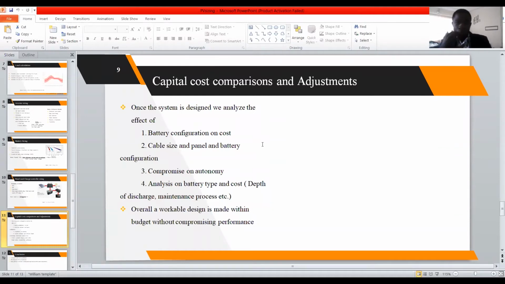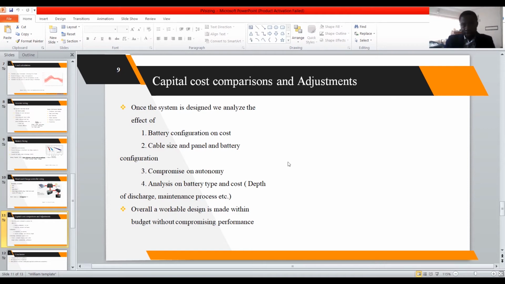So basically, when you play around with these parameters, you just want to see if the cost can actually be met to ensure that the client gets a system. But even as you are playing around with these parameters, you don't want to affect the performance of the system. So safety comes first, and that's basically how we size the system in a nutshell.